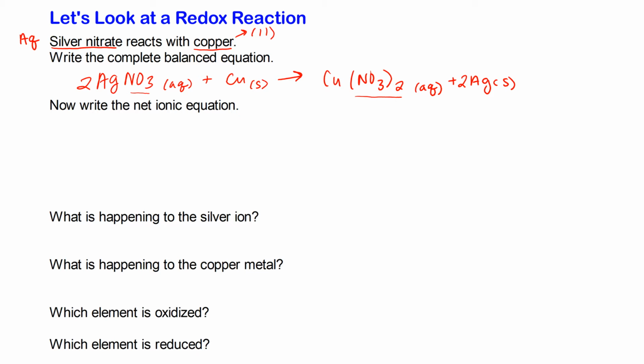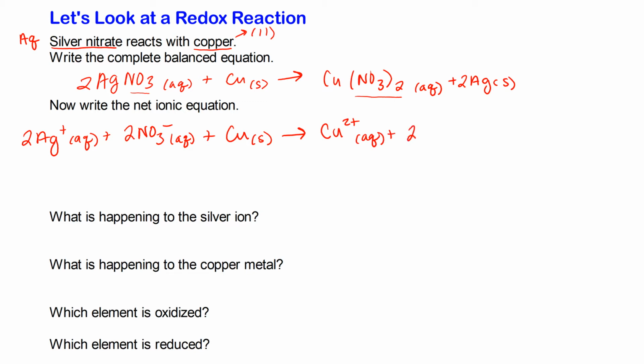So now we need to go through the process of writing our net ionic equation. So remember, for your net ionic equation, you're going to break everything that's aqueous down into the ions. So we know we've got 2 silver ions plus 2 nitrate ions plus a copper, which is solid, to produce a copper 2 ion plus 2 nitrate ions plus 2 silvers, which are going to be solid.